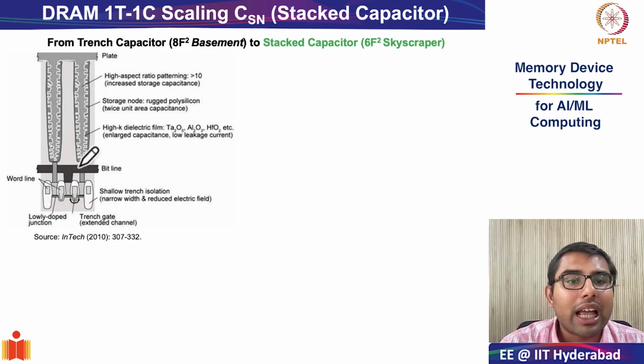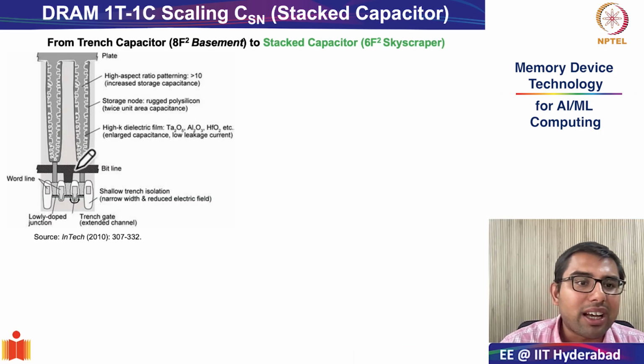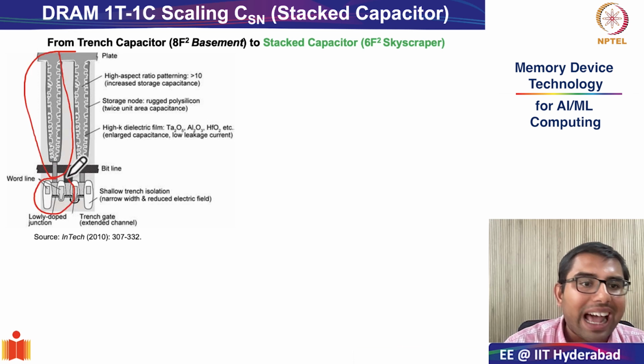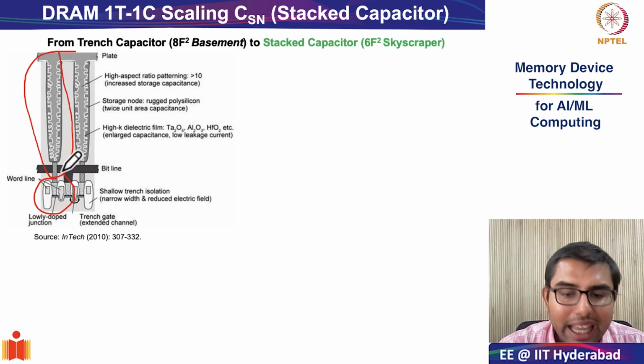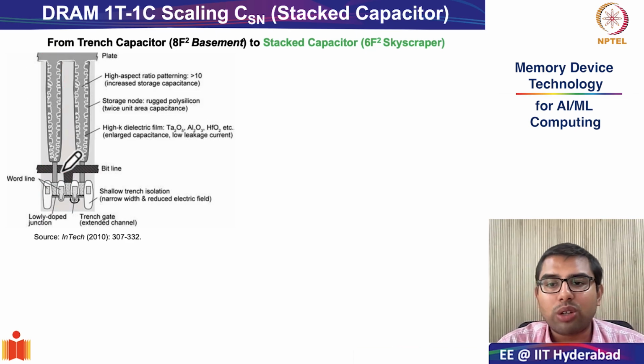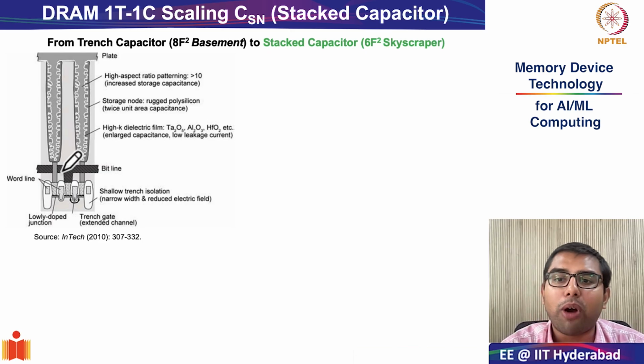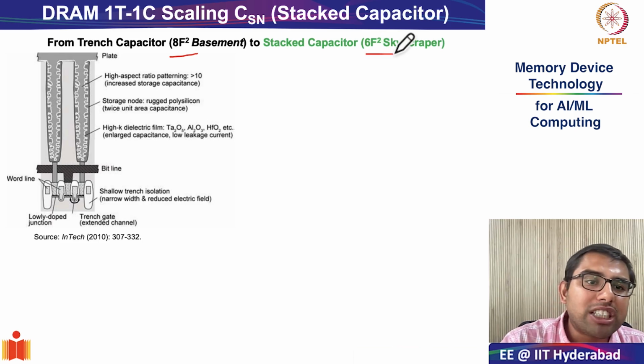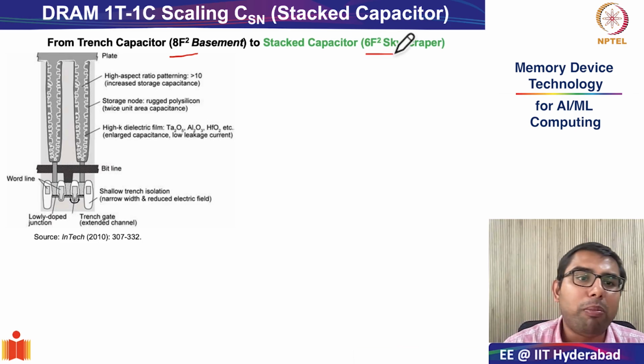But in your stacked capacitor, the capacitor is actually on top of your access transistor. Okay, and in the early 2000s, the DRAM industry switched exclusively from trench capacitor to stacked capacitor model, because it helps you in reducing dimensions from 8F squared to 6F squared. So you go from the basement model to the skyscraper model.